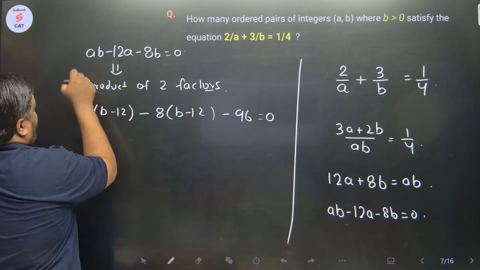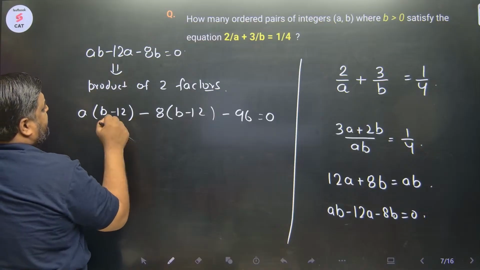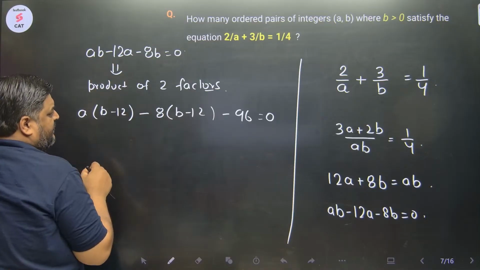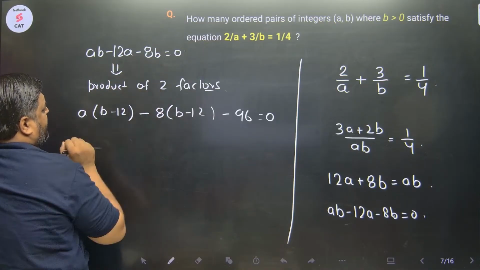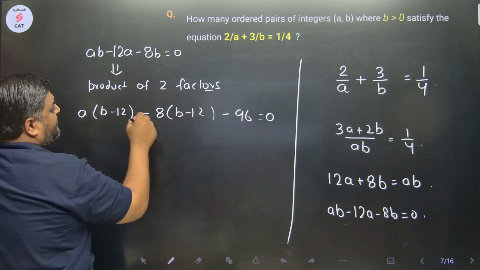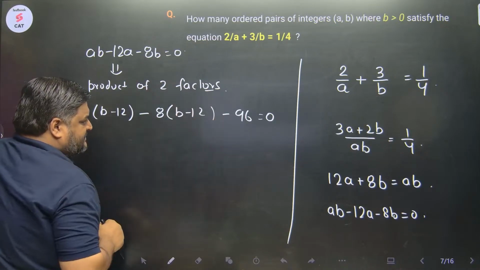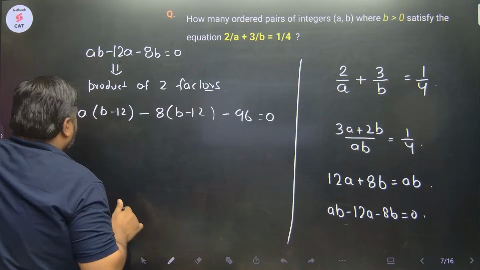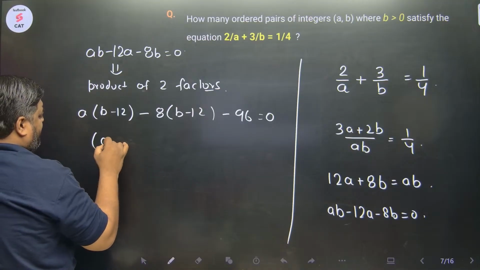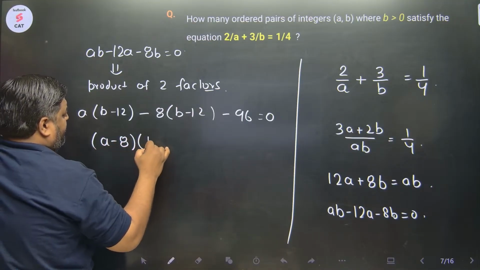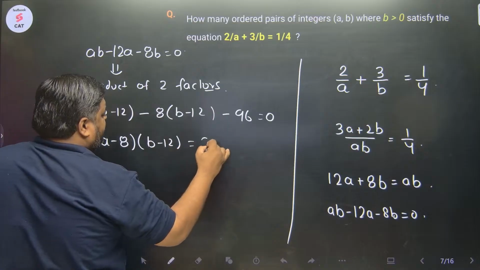So -8b is what I have, plus 96 I added, so I need to adjust it by -96. So I can take (a - 8)(b - 12) = 96.